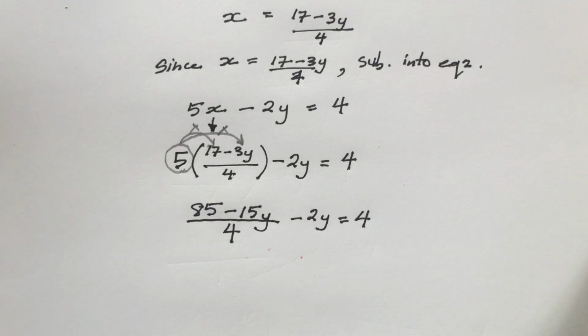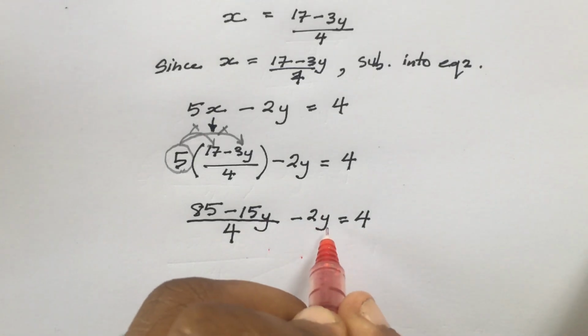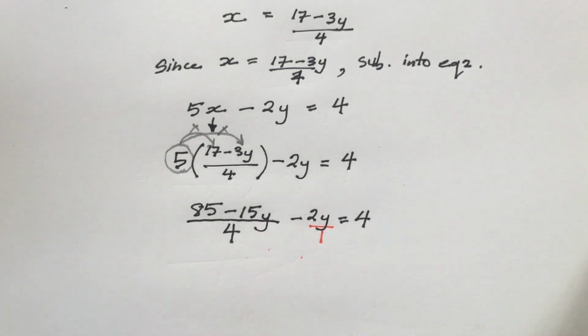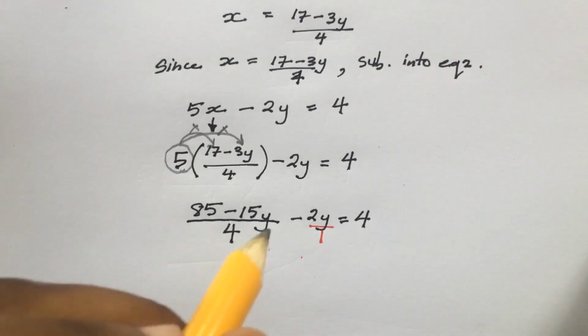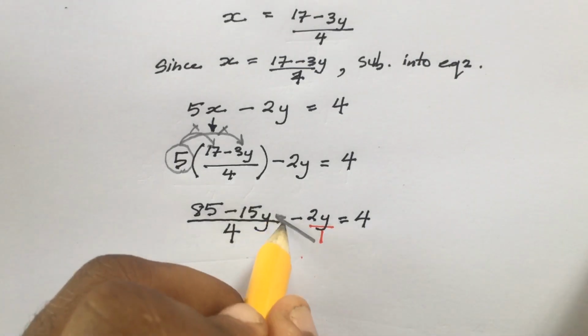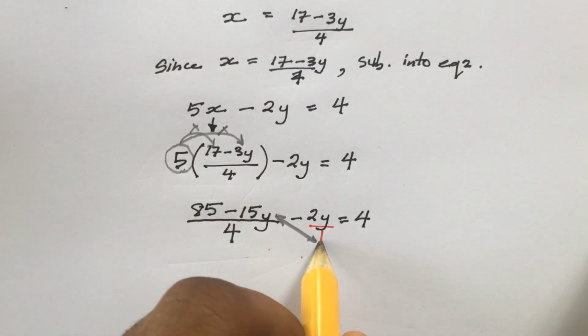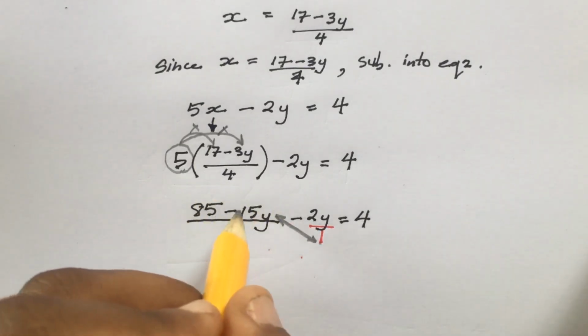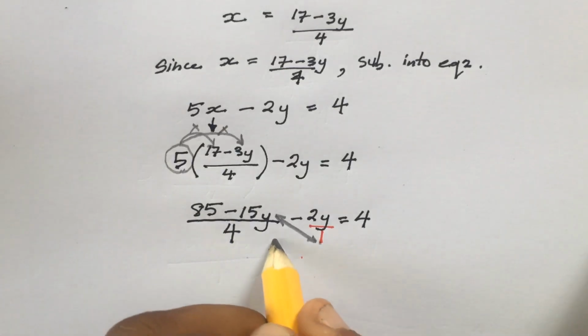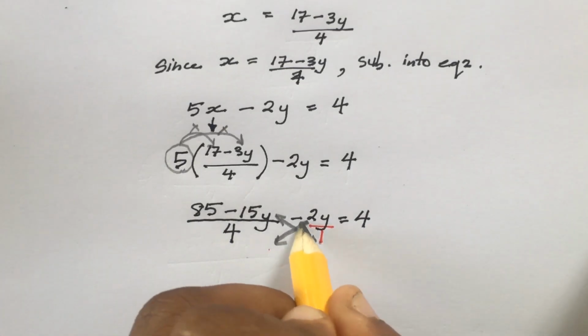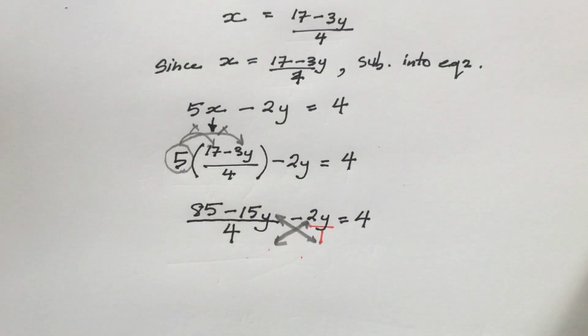So what we're going to do is to work with this algebraic fraction. I'm going to convert this whole thing by putting it over 1, and that's how I turn it into a fraction. Now watch me. Using the butterfly method, I'm going to solve this, which means I'm going to cross multiply. So I'm multiplying this 1 with whatever is at the top up here, and then I'm going to multiply this 4 with this minus 2y.